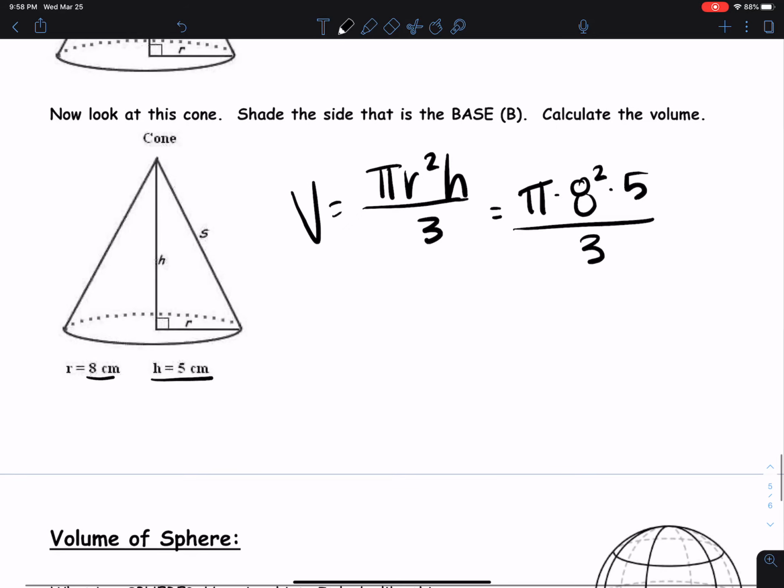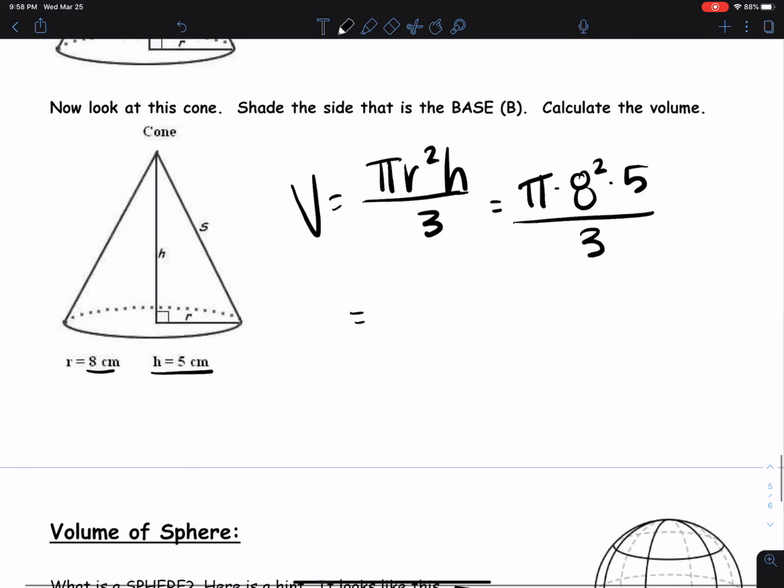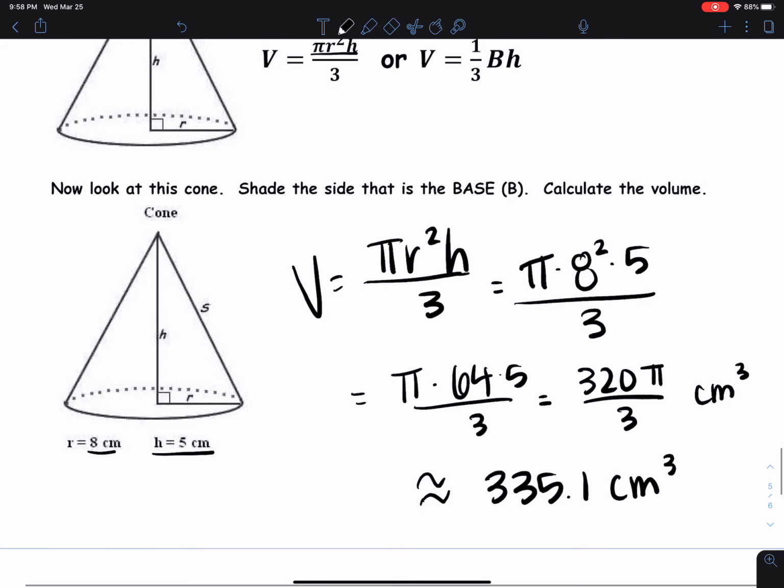So this would be pi times 64 times 5 divided by 3. So all of this is going to come out to be 320 pi divided by 3, and that would be centimeters cubed. Or if we approximate this, if we multiply that pi in, that would be 335.1 centimeters cubed. And that's the volume of the cone.